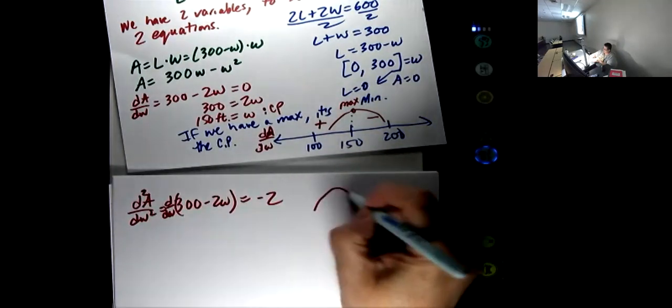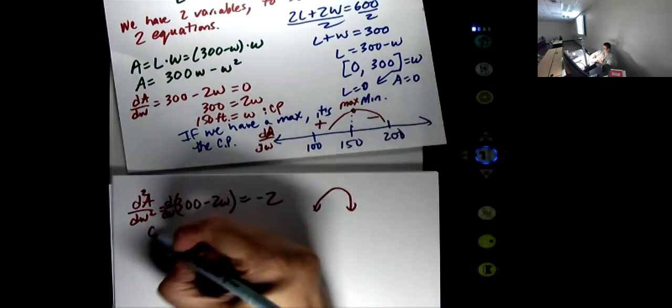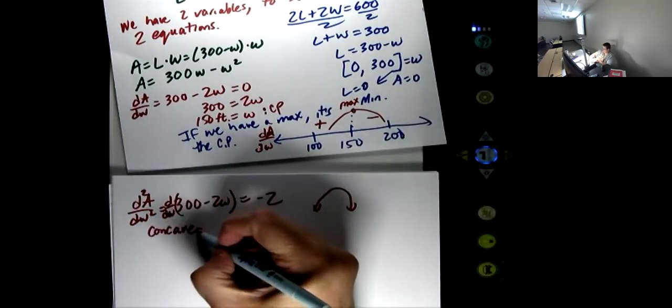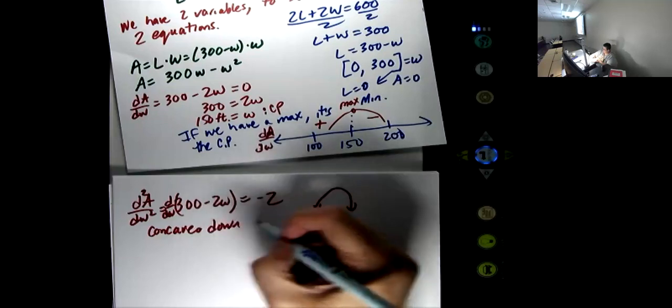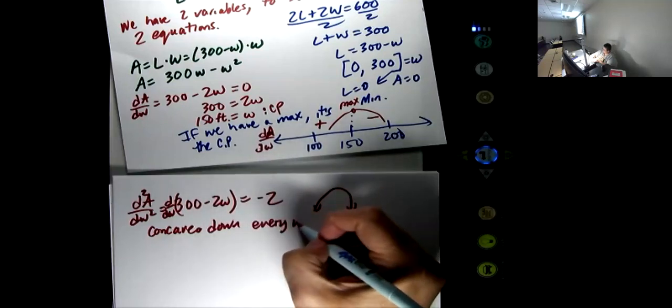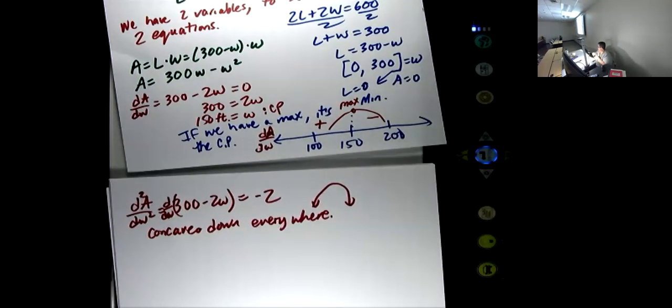So this is concave down everywhere, which confirms that it's a max and that it exists there. We don't have a problem with its derivative there.